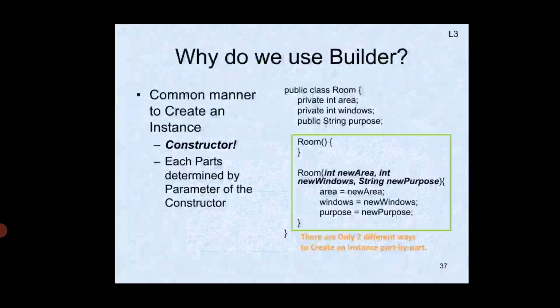Here is the public class Room, with some private declarations: int area, private int windows, and a public String purpose. In this Room method we access a new area, new windows, and a new purpose. Area is assigned the new area, windows is assigned the new windows, and purpose is assigned the new purpose. There are only two different ways we create an instance part by part in this manner.